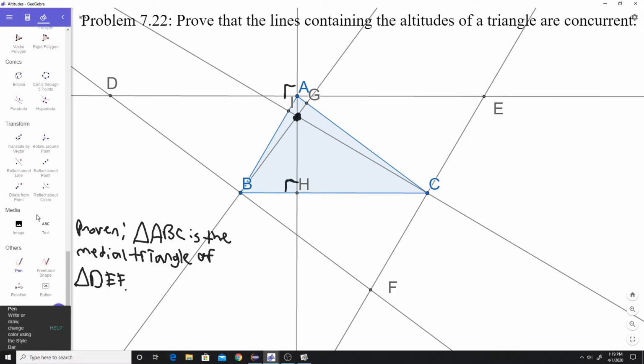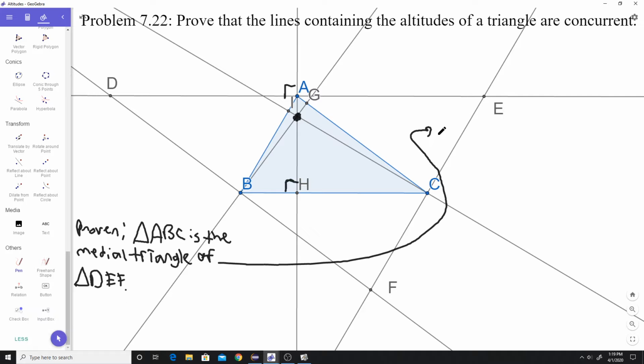So, because ABC is the medial triangle, we have that AH, BG, and CI are the altitudes of triangle ABC.